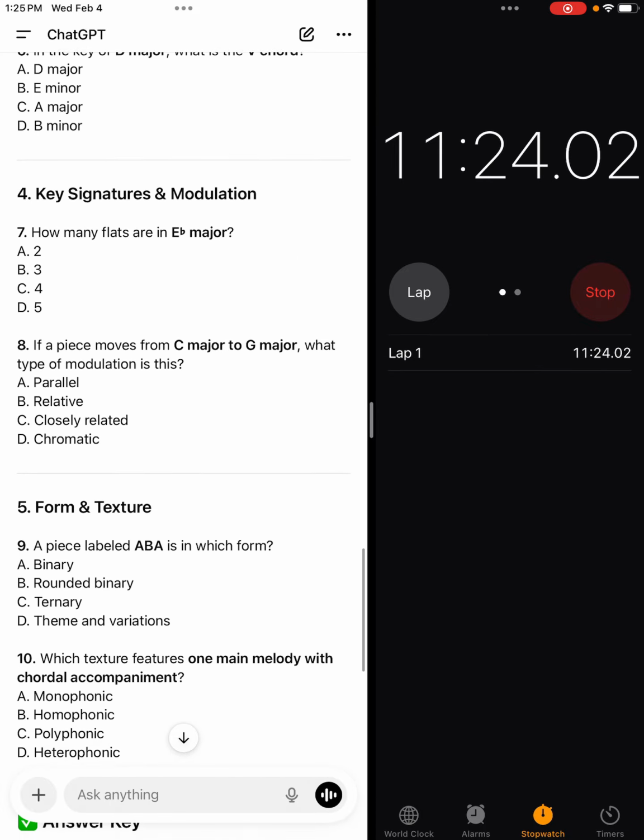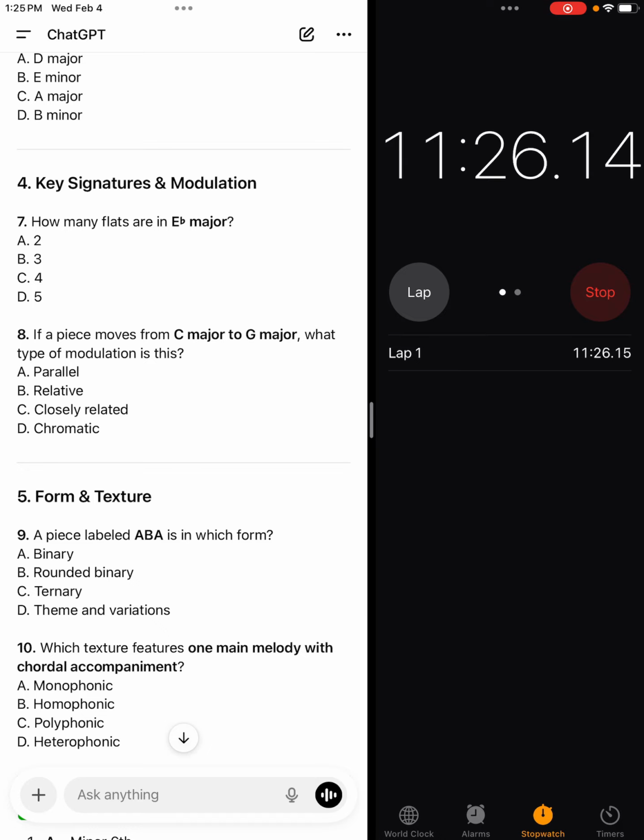There's a piece that goes from C major to G major. What type of modulation is this? Okay, if I listen to Dr. Miranda's class enough times to know what this is, yeah, Dr. Miranda, you could fool me all you want. You can even comment on there. I'm pretty sure I'm going to set this as a commentary.